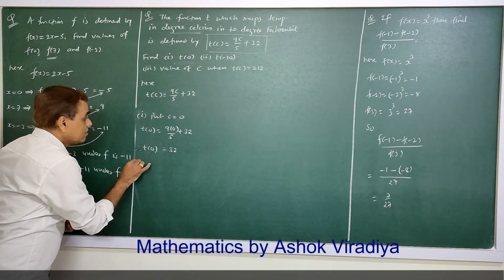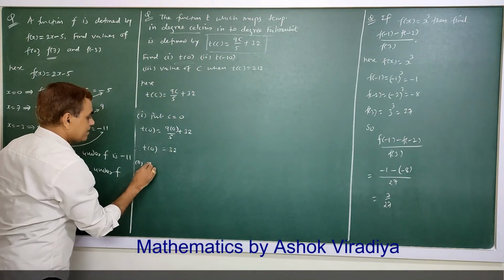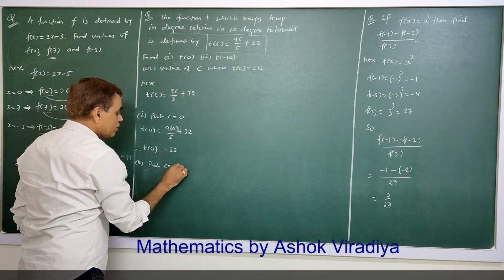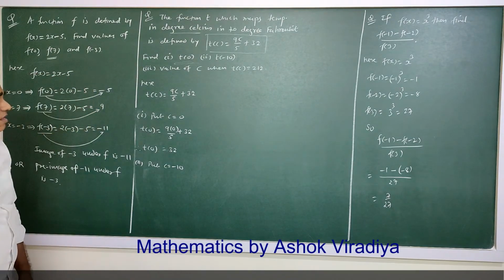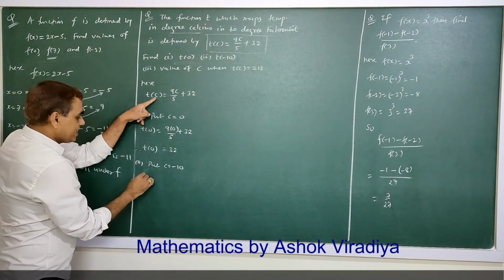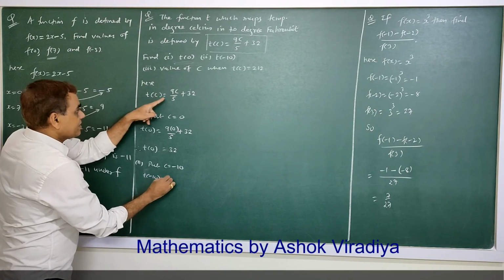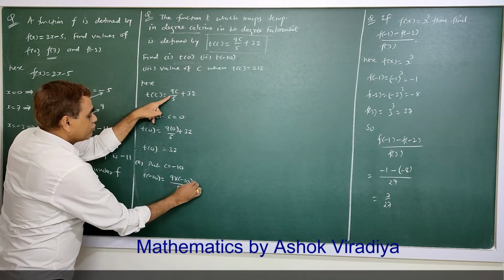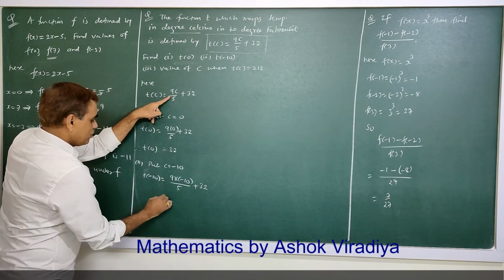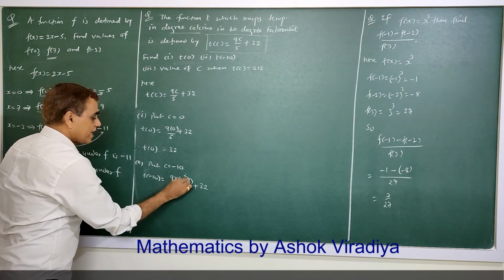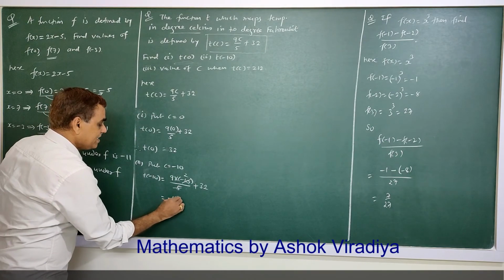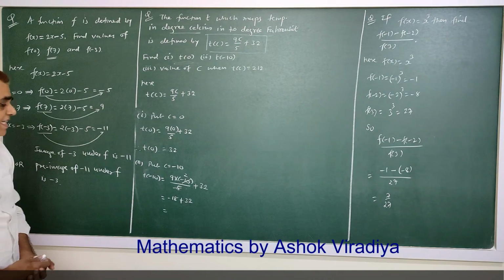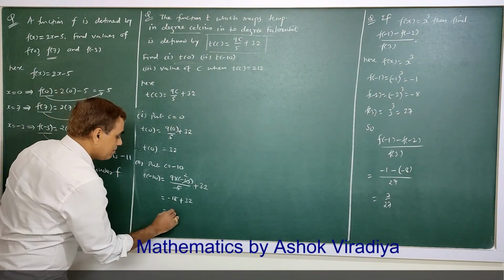Second, to find T of minus 10, we put C equal to minus 10. So T of minus 10 is 9 into minus 10 upon 5 plus 32. So this is 5 into 2, 10. So minus 18 plus 32, that is plus 14.